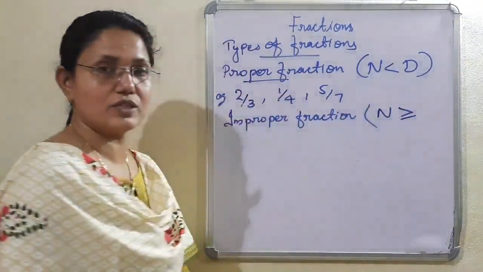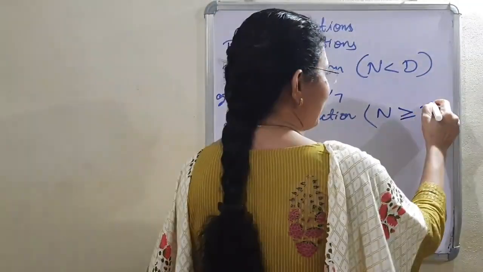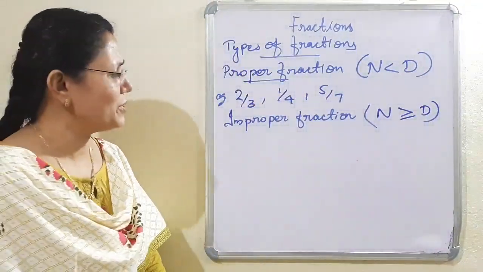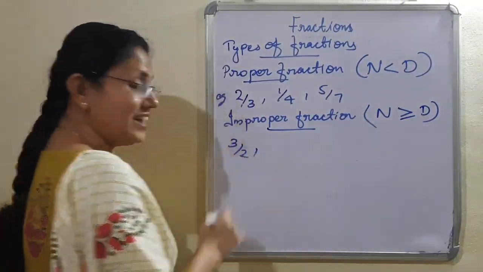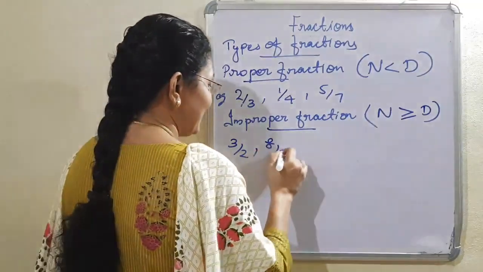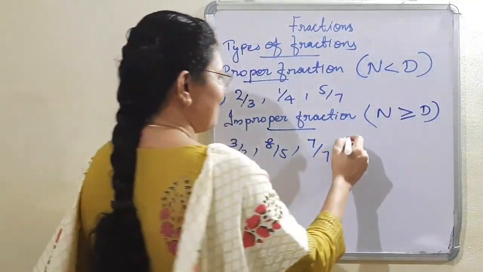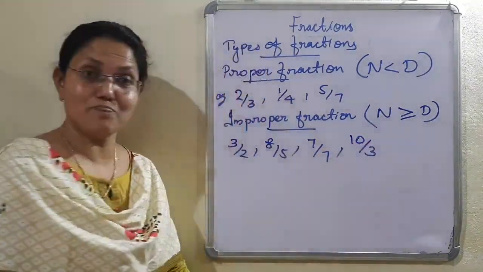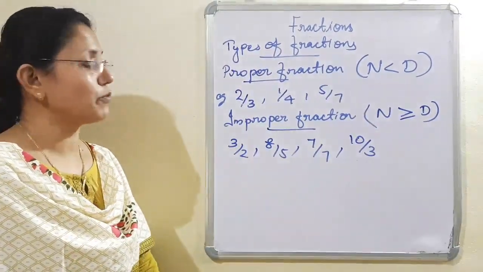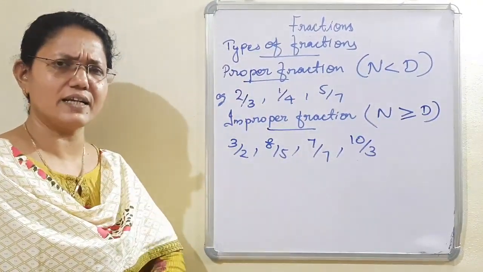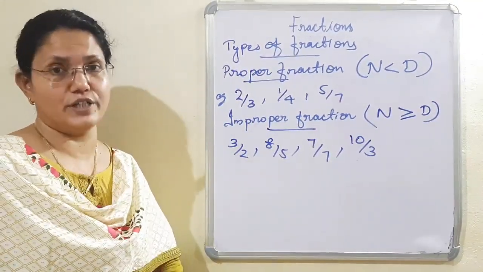When we are writing both the symbols, we can read it as greater than or equal to denominator. Tell me some example for improper fraction. Yes, 3 by 2. Next, 8 by 5. Next, 7 by 7. Next, 10 by 3. These are the improper fractions. You can write any number of improper fractions. Only one condition: either the numerator should be greater than the denominator or it should be equal to denominator.